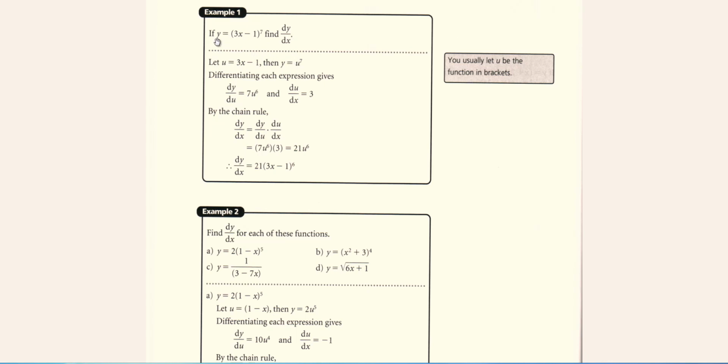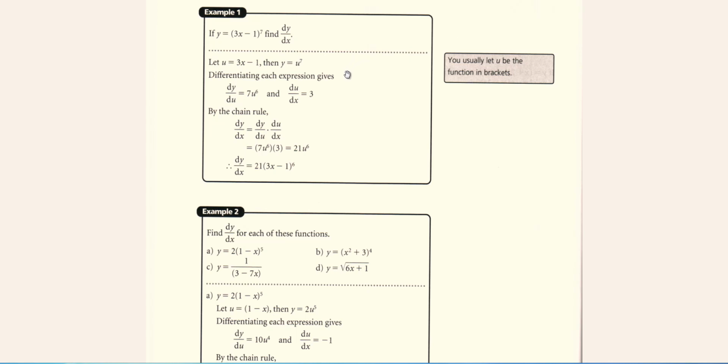So then it would be y is equal to u to the power of 7. And to find the derivative of this function would be very easy. We just move down the 7 in front of u, so it's going to be 7 times u, or 7u, and we decrease the 7 by minus 1. So the derivative of this would be 7u to the power of 6.